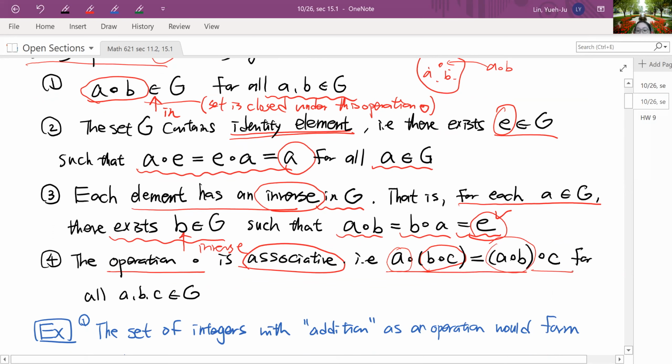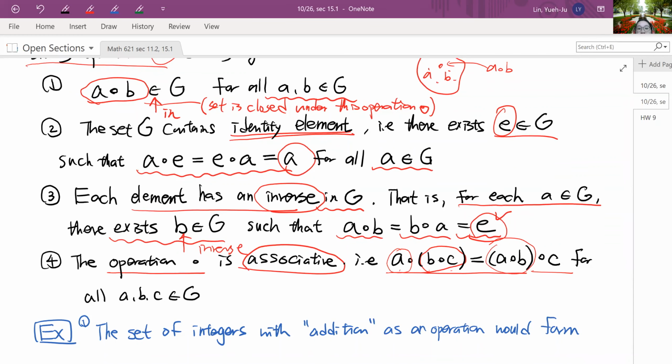As you can imagine, most of the common operations we know, like addition and multiplication, are definitely associative. If you have numbers, A plus B plus C is the same as A plus B, then plus C. So depending on the operation, you need to check through these four criteria.